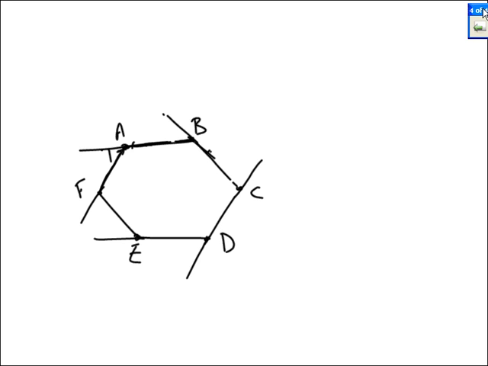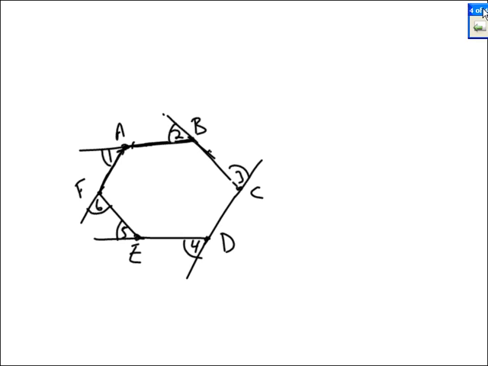So, angle 1 plus angle 2 plus angle 3 plus angle 4 plus angle 5 plus angle 6, they will add up to 360 degrees.